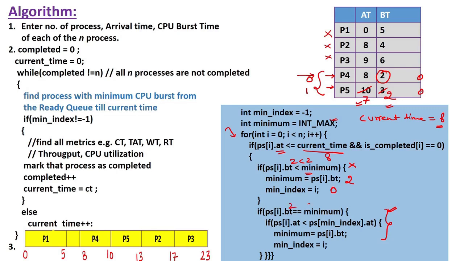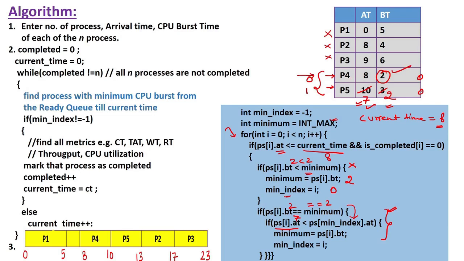So I'll say, okay, 2 is equal to 2. My CPU burst time is same, so I have to break the tie based on the arrival time. I will see that my current arrival time is 7, and the arrival time of the process which was minimum in the last iteration. P4 was the minimum process and the arrival time of that particular process was 8.